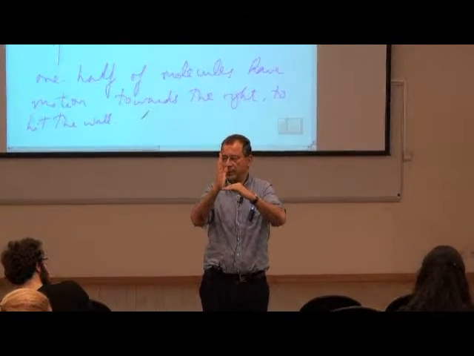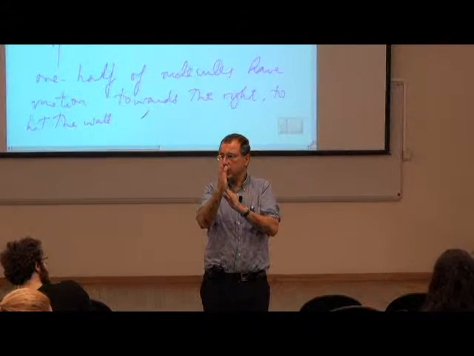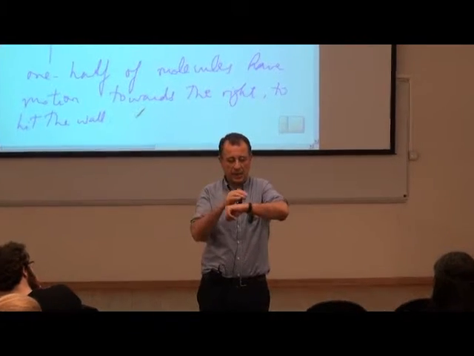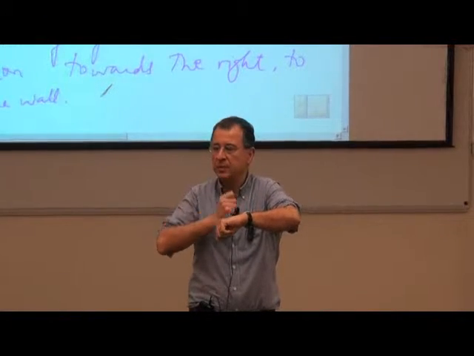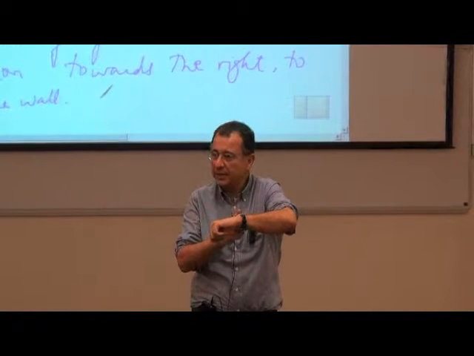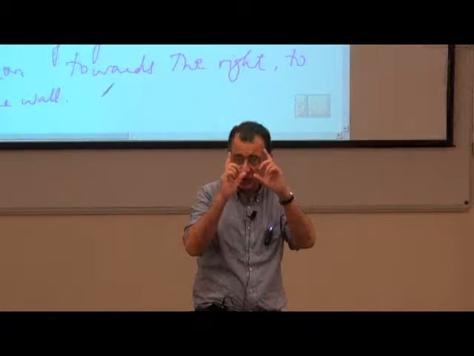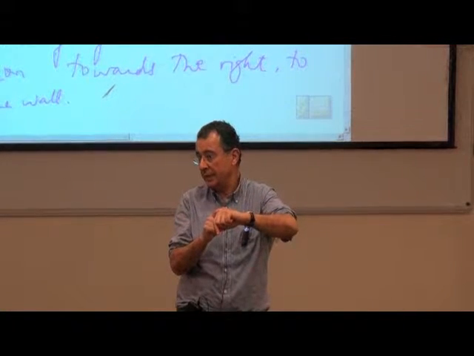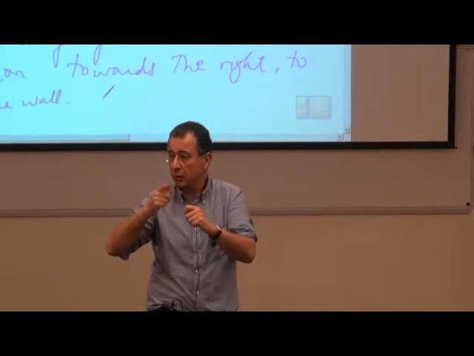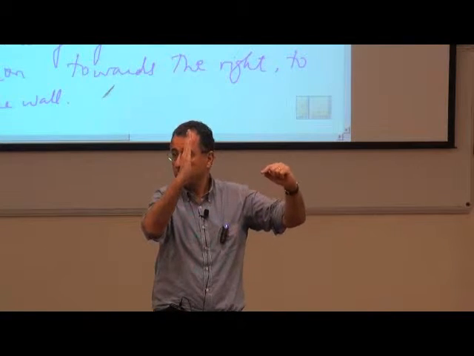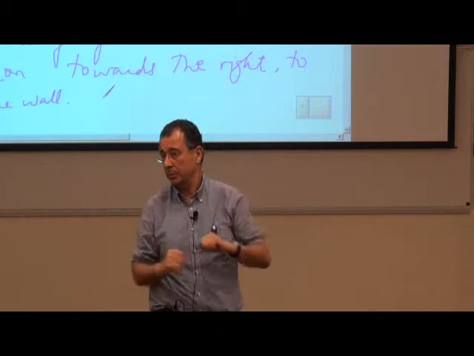I'm imagining the following thing. I'm sitting next to the wall. I have a watch, and I have a chronometer, okay? I start looking at t equals 0, and I keep watch for a time interval Δt. And I'm going to count the number of molecules that come and hit the wall.